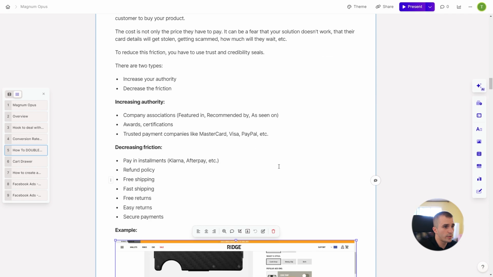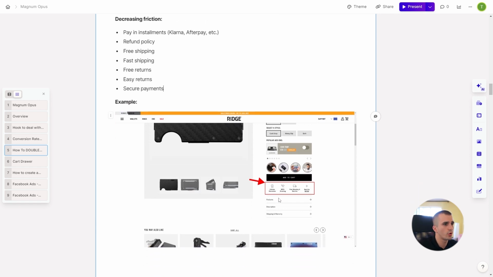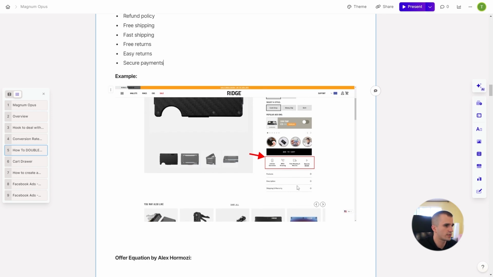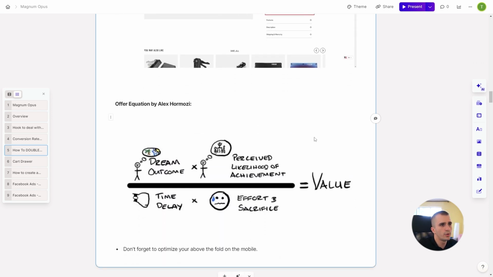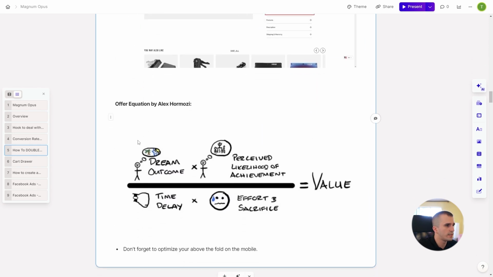So for that reason, you should really have these things, because this will help you with increasing your conversion, because you will clearly communicate your offer and your offer will be better in the eyes of your visitors. So yeah, and ultimately what you will be doing with all these things that I have mentioned, this is the offer equation by Alex Hormozi, you're increasing the top part of the equation, which you always want to increase.